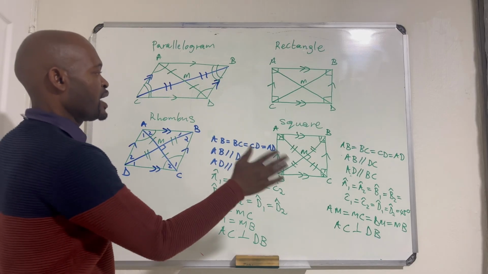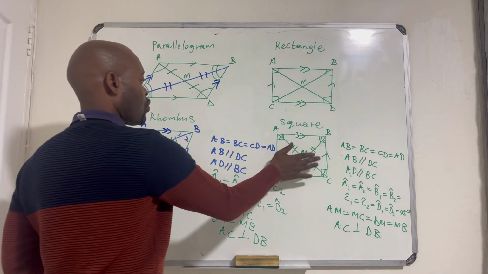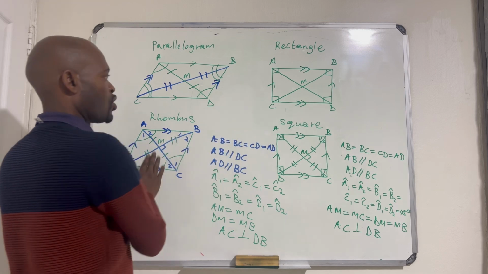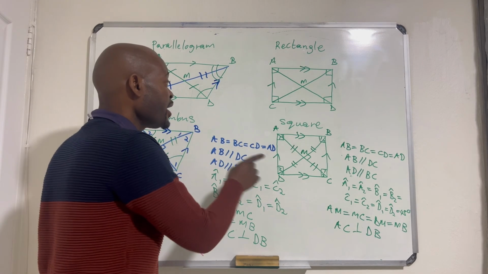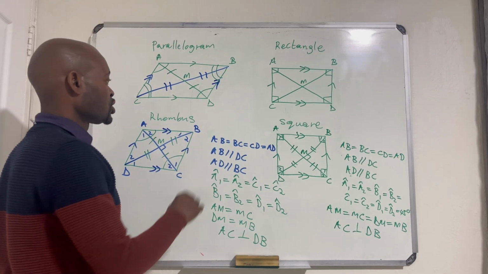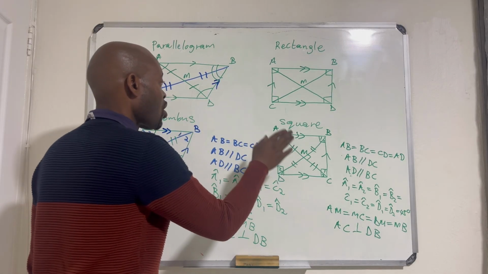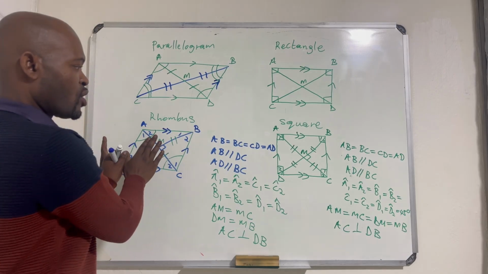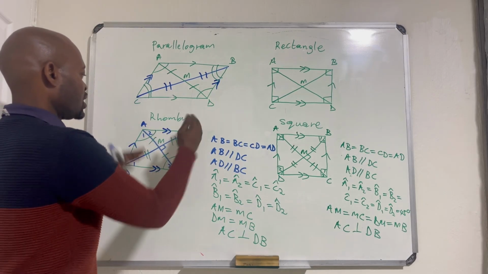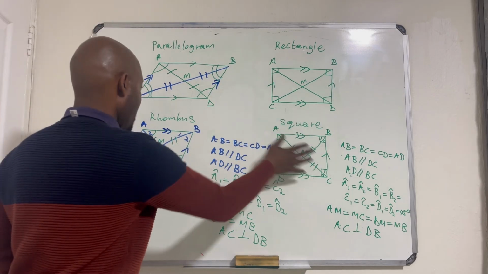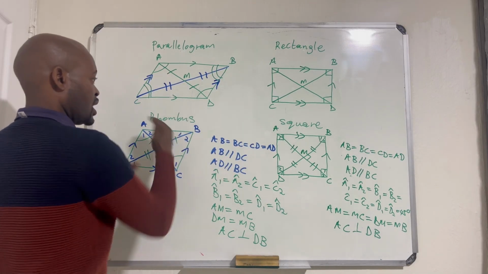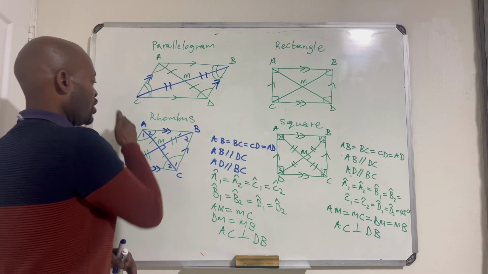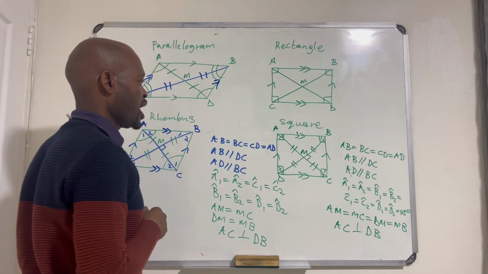One might ask, is a square a rhombus? Yes, a square is a rhombus because all the properties of a rhombus are in a square. Opposite sides are parallel. Diagonals bisect each other at 90 degrees.